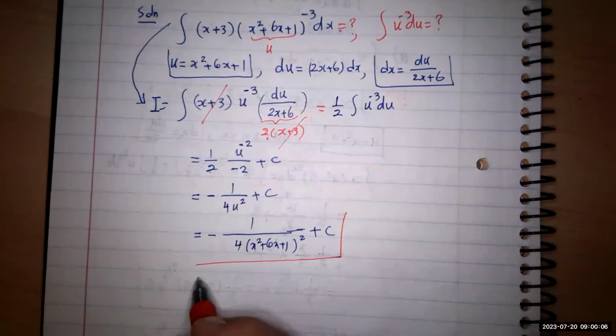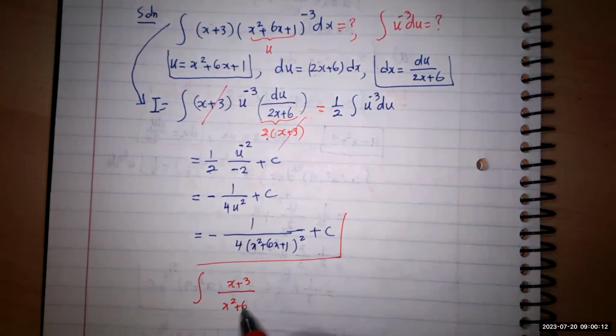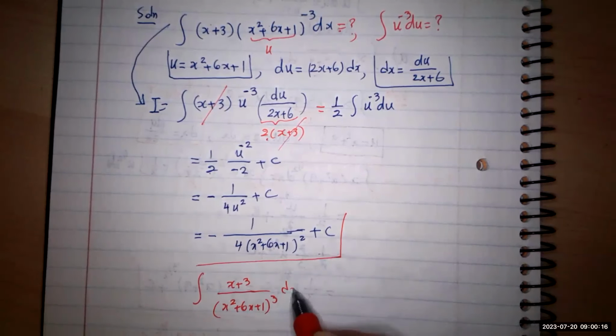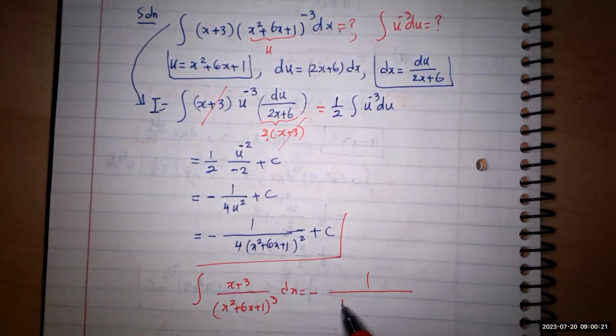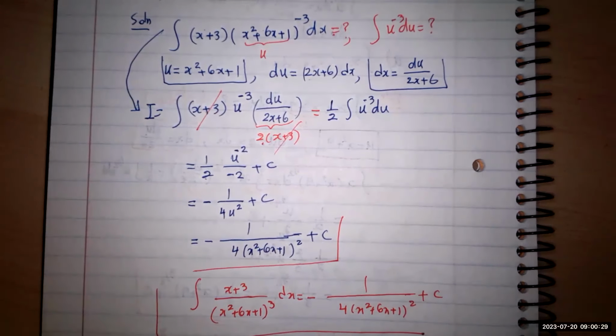You don't have to, but I make a record here that it's x plus 3 over x squared plus 6x plus 1 all cubed, and we integrate it, and this is going to be the final answer: negative 1 over 4 times x squared plus 6x plus 1 all squared, and the constant c, and you're done.